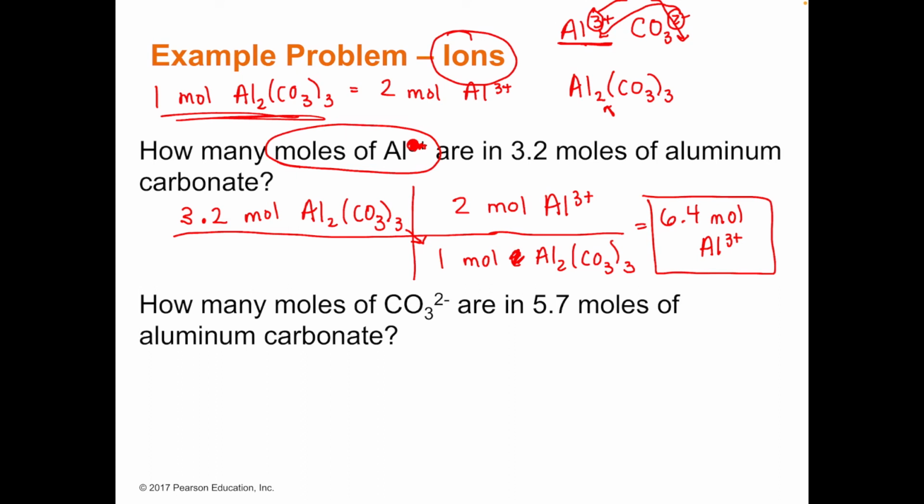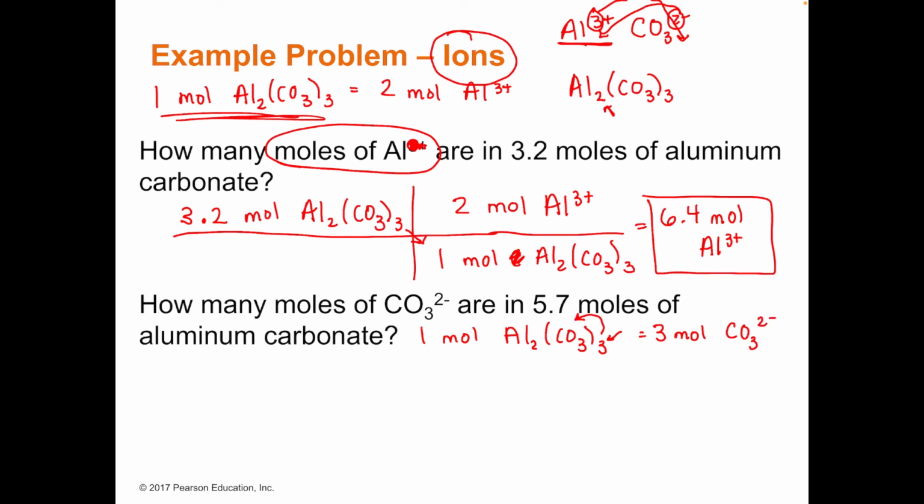This asks how many moles of carbonate are in 5.7 moles of aluminum carbonate. Same molecule here, but now we know that 1 mole of aluminum carbonate, see that 3 on the outside right here? That's telling you we have 3 carbonates. So we have 3 moles of carbonate, and we can use that in our conversion factor.